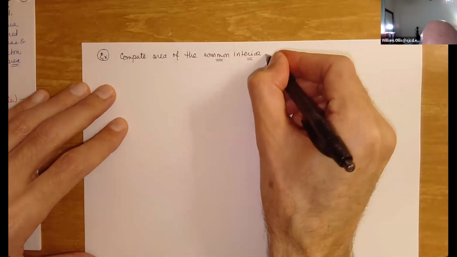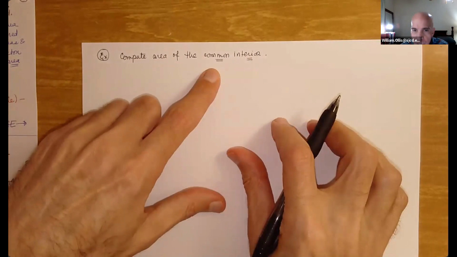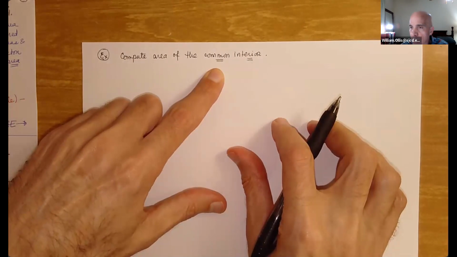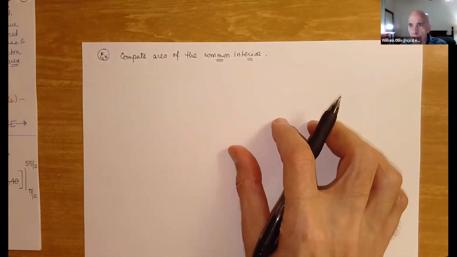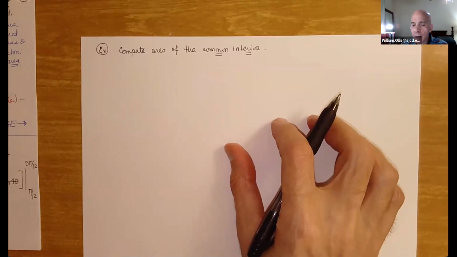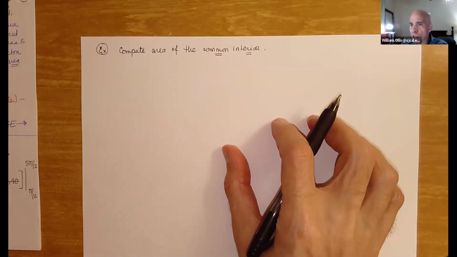And when we say common interior, we're thinking, what is the area that's common to both? So we're thinking about intersection. Now with intersecting curves, we do like we did before, but there might be points of intersection that have different values of theta. I like the way the author tries to make that distinction.